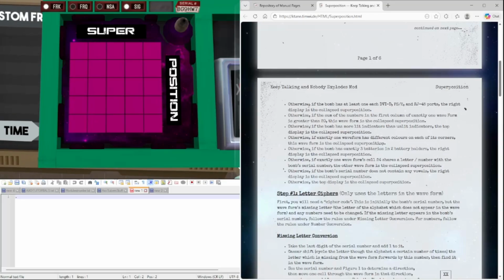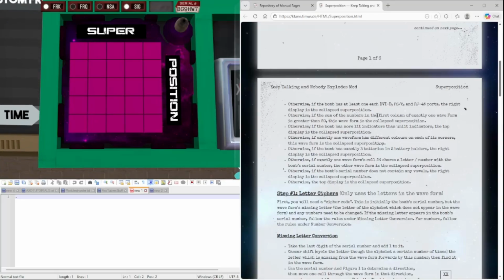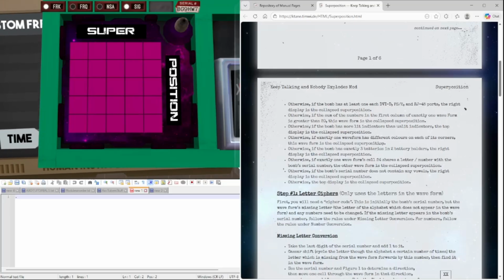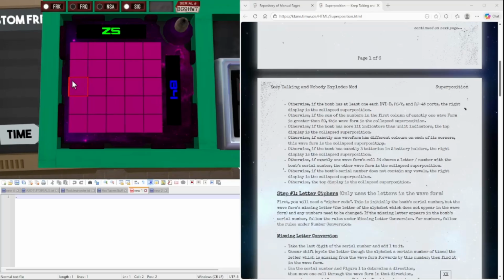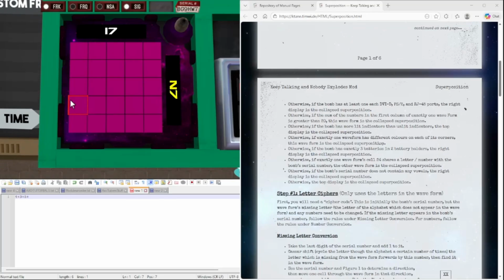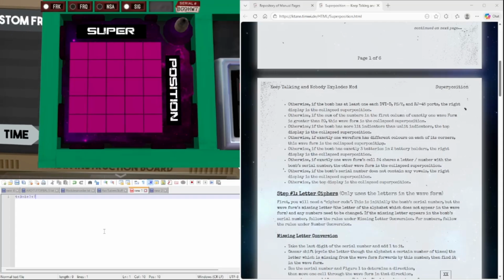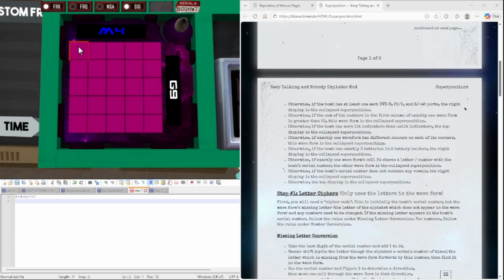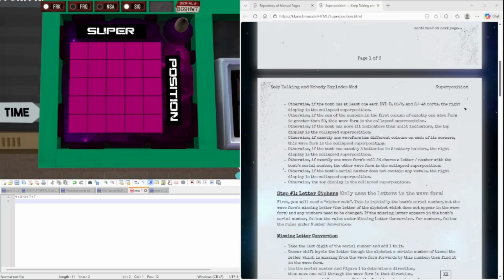Was there at least one? No. So the numbers in the first column of one waveform are greater than 20. So 4, 3, 5, 7, 7. And then 9, 3, 4.